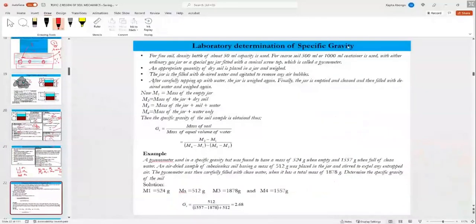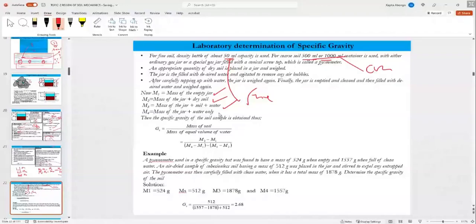Even from the pycnometer test, 50 millimeter or 100 millimeter pycnometer test, this is for coarse grain. You need to get the mass of the empty jar, M1, the mass of the jar plus dry soil, M2, the jar plus dry soil plus water inside, M3, and M4 is the mass of the jar plus water only.